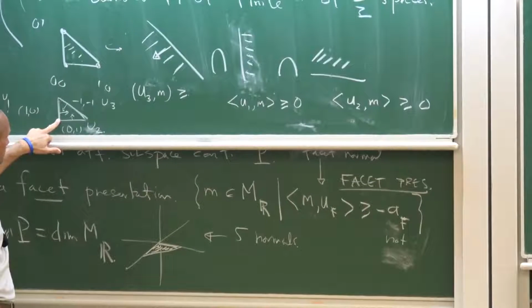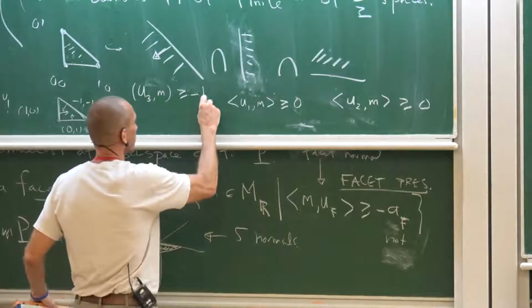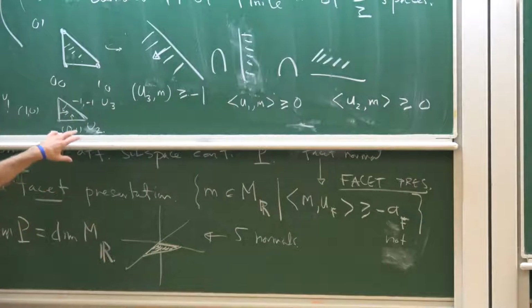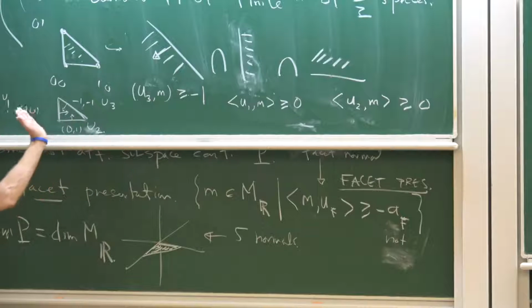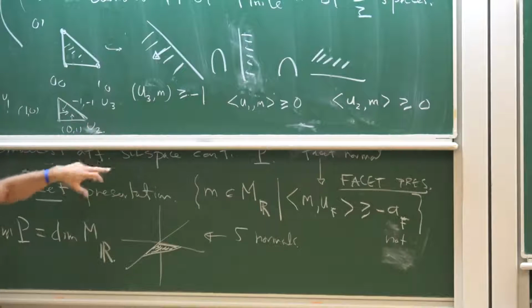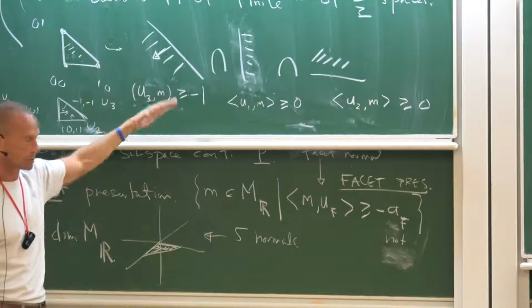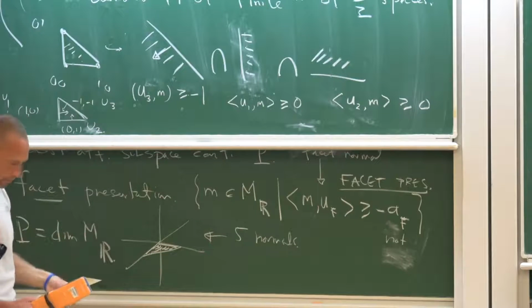So this has to be greater than or equal to minus 1. I was just calibrating to figure out what side of the hyperplane things are on. If I dot U3 with (0, 0), I get 0, which is greater than or equal to minus 1. If I dot it with (1, 0), I get minus 1, which is greater than or equal to minus 1. So there's the facet presentation.